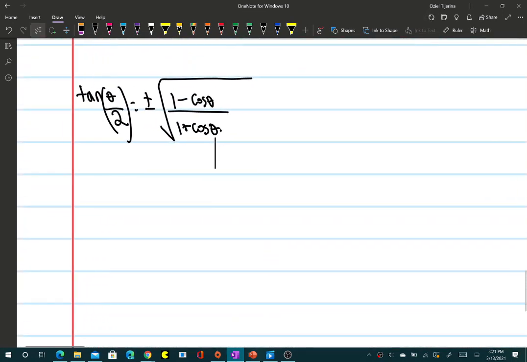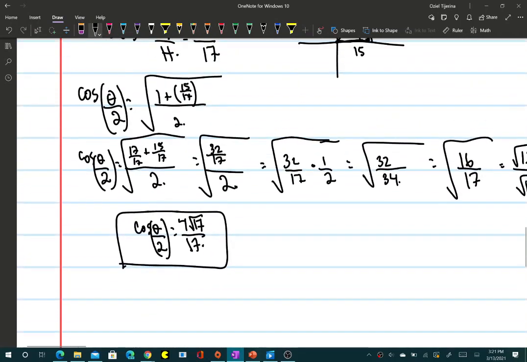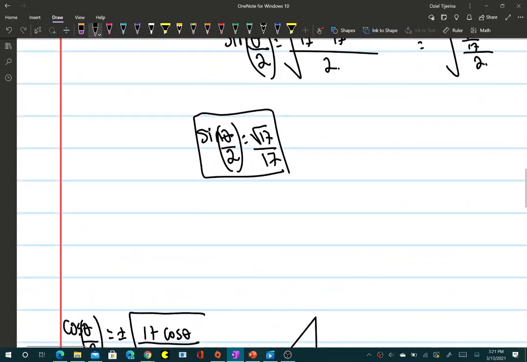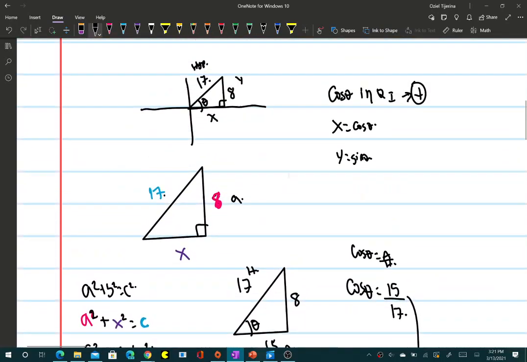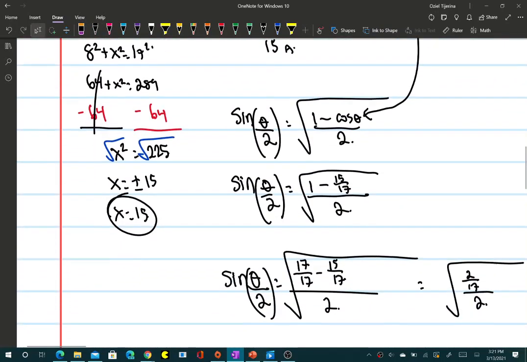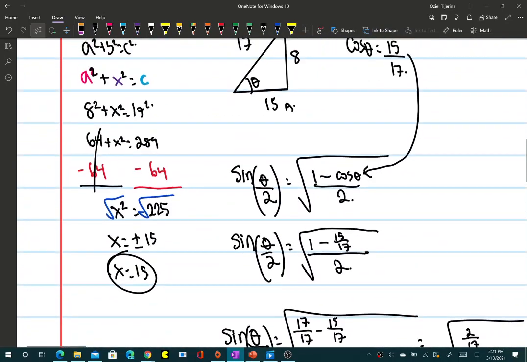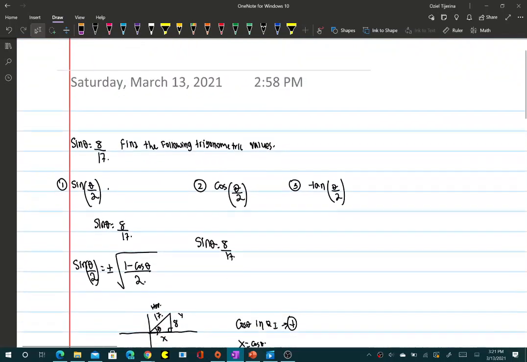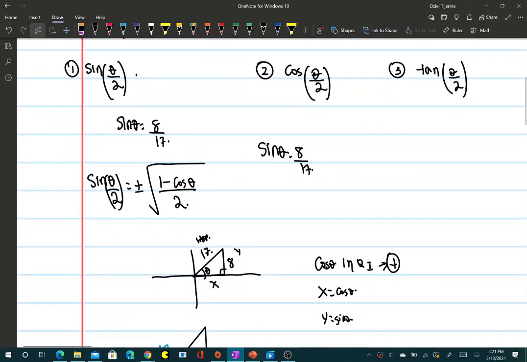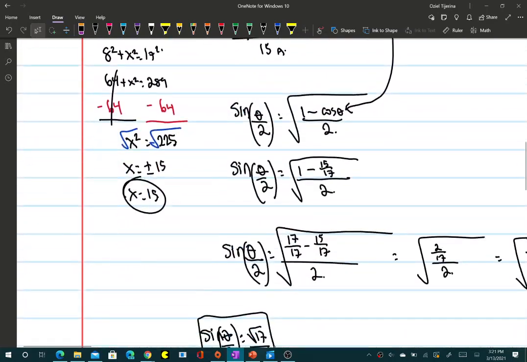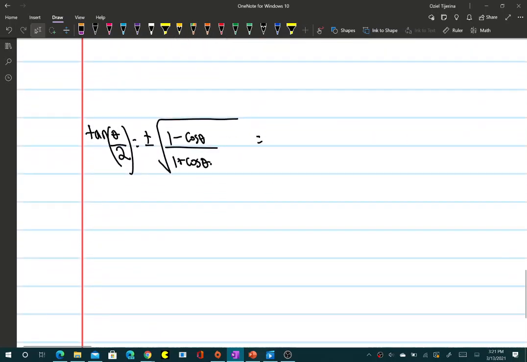So we just have to go ahead and plug that in. Once you know most of your trig functions that they ask you for these problems, especially cosine theta, literally for all of these 3 problems, when you're finding these 3 things, the only thing that you probably need to know is cosine theta, and you just have to plug it into the formula.